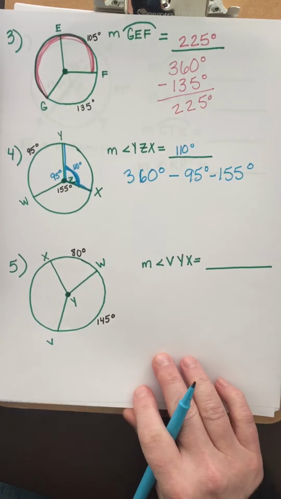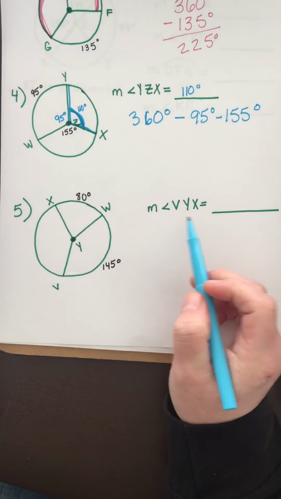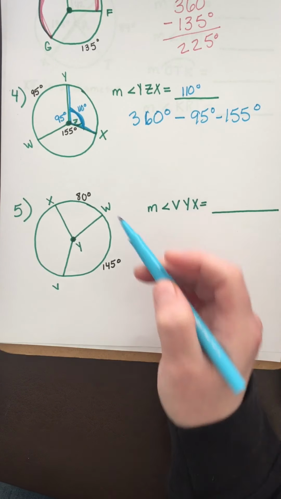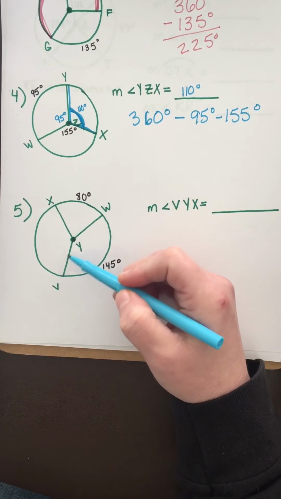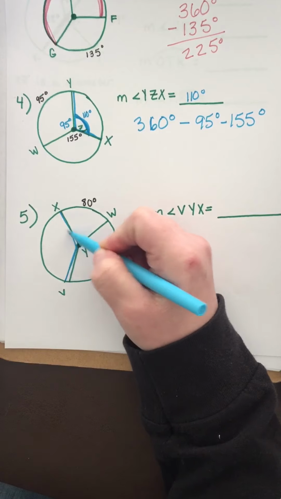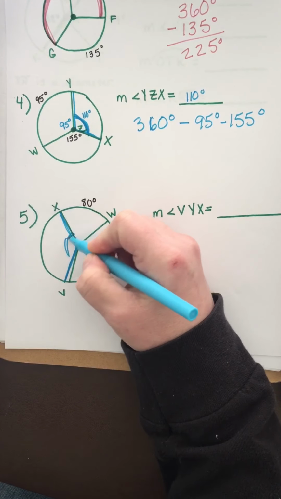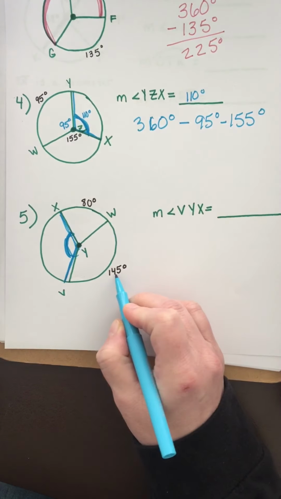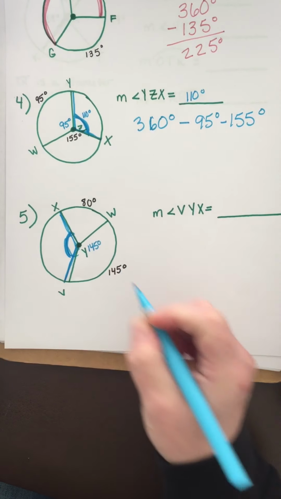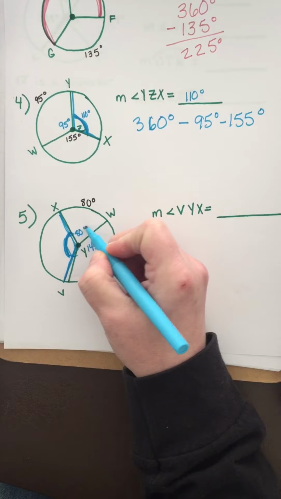All right, let's look at another one. It wants to know the measure of angle BYX. So let's see, BYX, that would be this angle right here. So we're looking for this angle measure. If this is 145 degrees, then the measure of this central angle is 145 degrees. And if this is 80, this is 80 degrees.